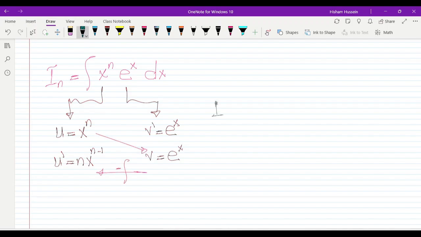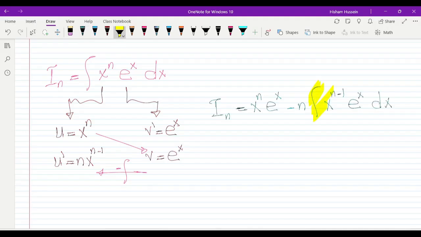So I_n will be u times v, this x^n times e^x, minus the integration of u' times v, minus n integration of x^(n-1) times e^x dx.